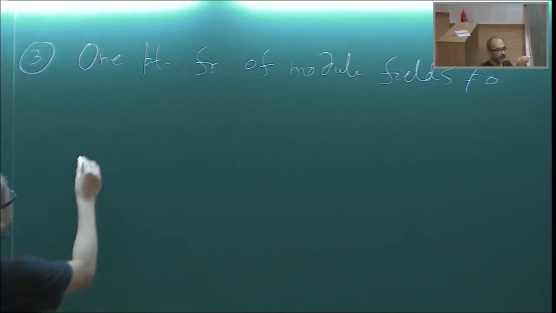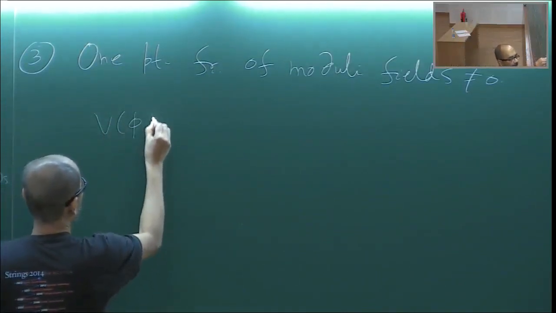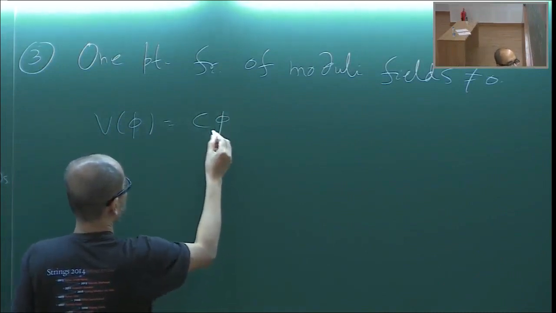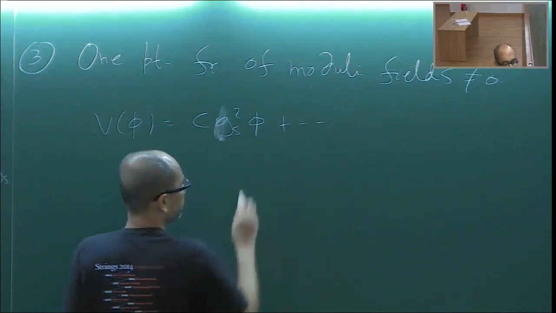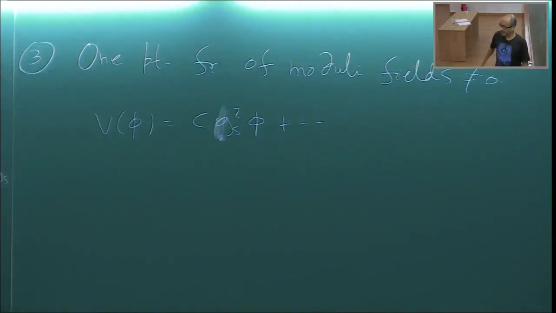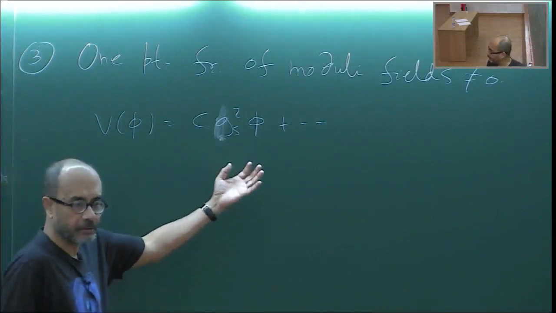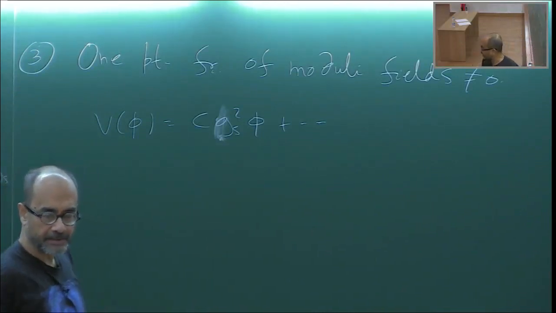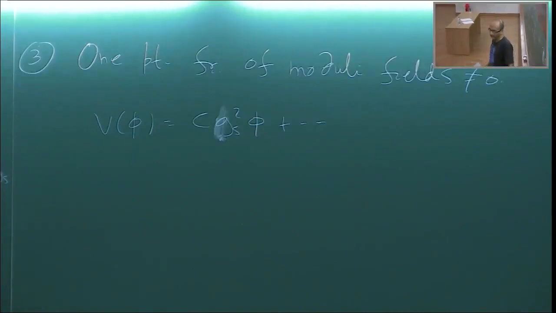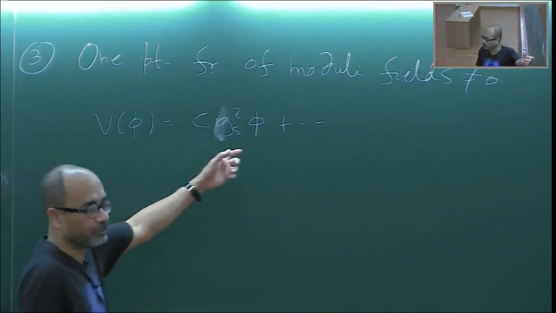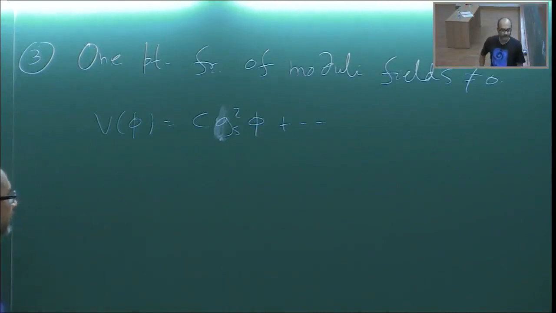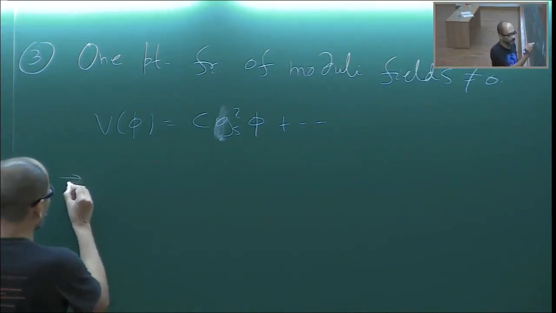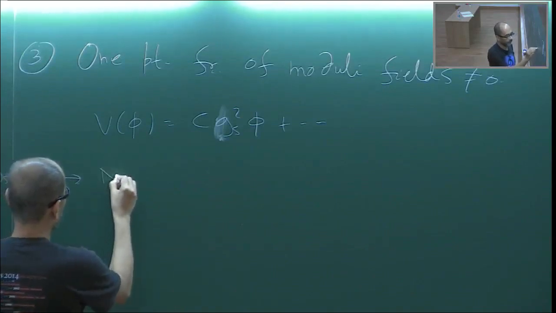So here V of phi will be like C GS square phi, and in general there is no systematic perturbation expansion. So this, for example, has no solution. V prime phi equal to 0 has no solution, at least in a power series expansion in G string. It could still happen that for sufficiently large G string you may find a solution, but then you lose all perturbative control. So in this case we don't know what to do. No perturbative solution.